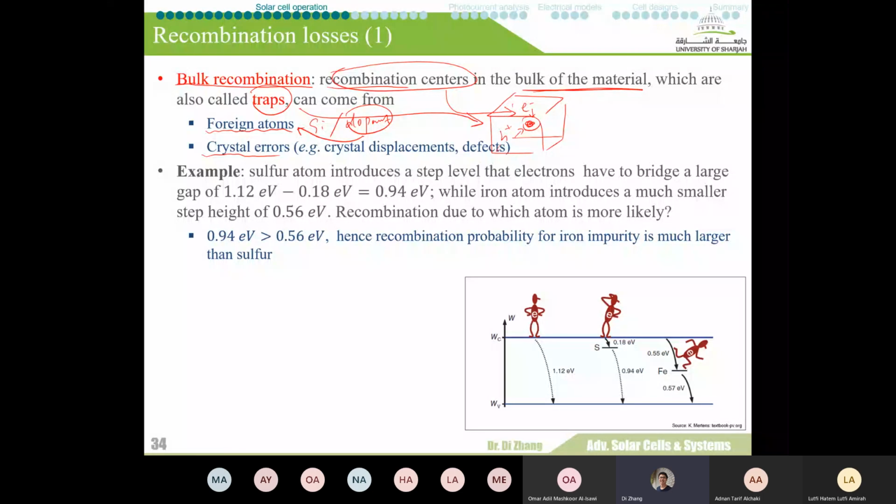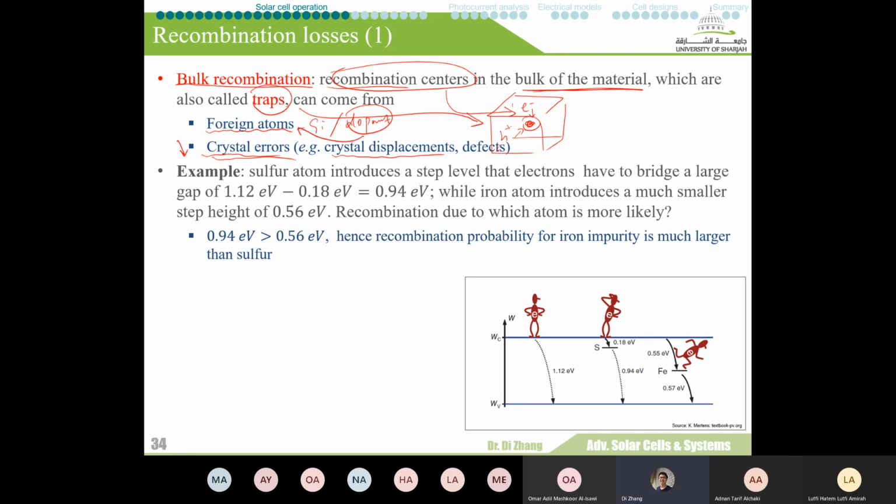Okay, so this depends on the material quality. We talk about the purity of the material. We talk about whether we have single crystalline silicon or multi-crystalline silicon. So the crystal arrangement may have different degrees of order. If you have a highly ordered material, then you are going to see fewer crystal errors, meaning less displacement of the crystal lattice.